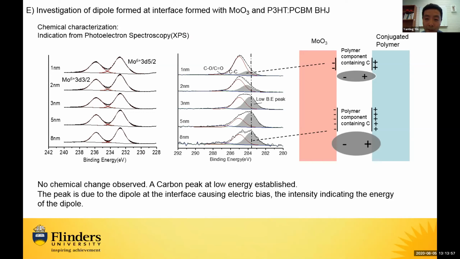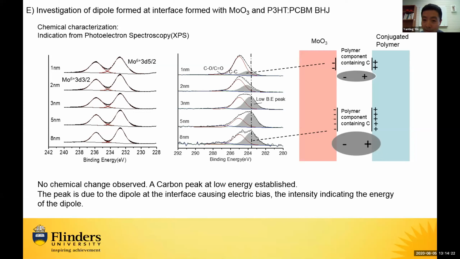However, interestingly, on the polymer side, for the carbon, for example for the P3HT PCBM, normally we find a main carbon peak from the polymer substrate sitting at 285. But in this case, if we put moly oxide on the BHG, we find a peak increasing with the increase of moly oxide in terms of ratio. And this peak sits at a very low binding energy, only 283.6 or 7.